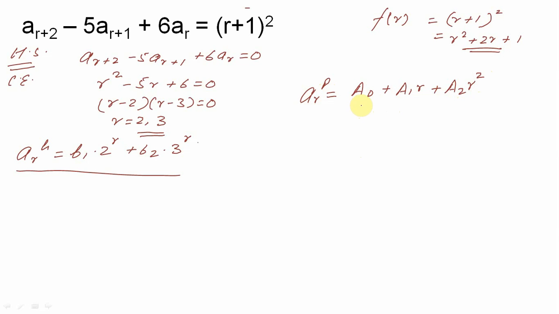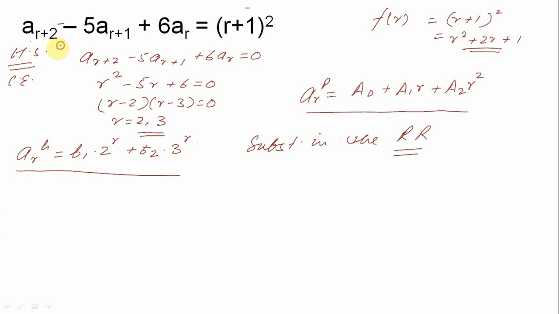So now I am going to substitute this trial function in the recurrence relation. Substituting it over here, I have the first term a(r+2), which means I'll have a0 plus a1(r+2) plus a2(r+2) whole square.